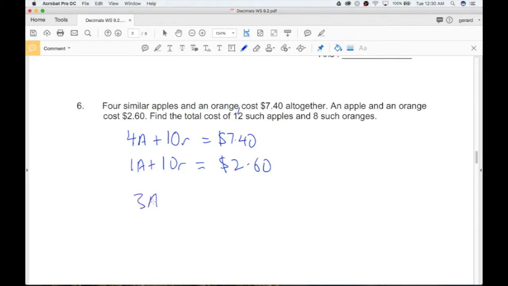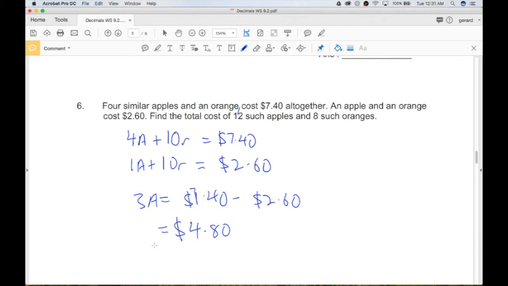So these 3 apples are $7.40 minus $2.60. Borrow, 14 minus 6 is 8. We get $4.80.